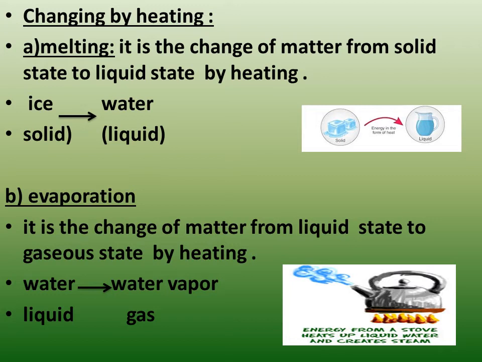To identify the meaning of evaporation, we boil some water in a teapot, and we notice that water vapor is produced, and the volume of the water inside the pot decreases. So matter can change from the liquid state to the gaseous state by heating, and this process is called evaporation.